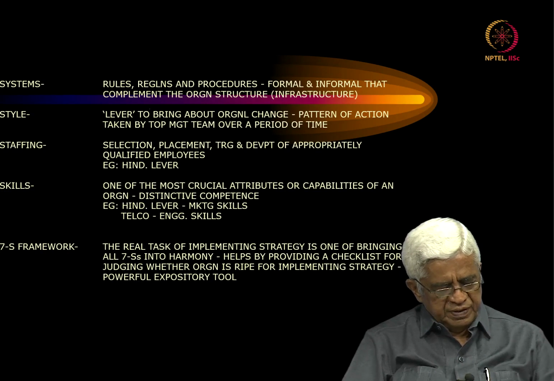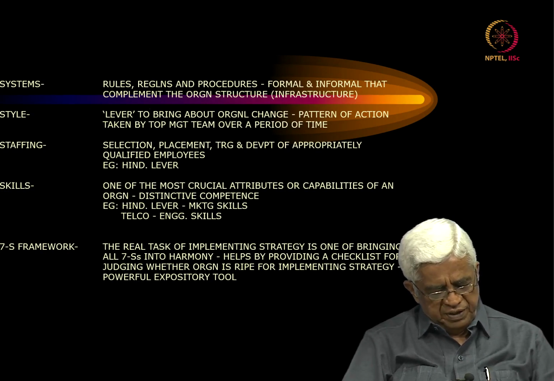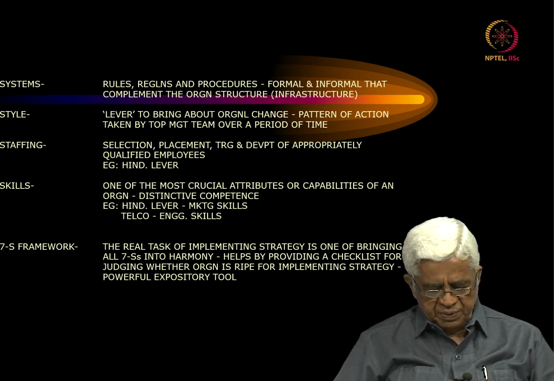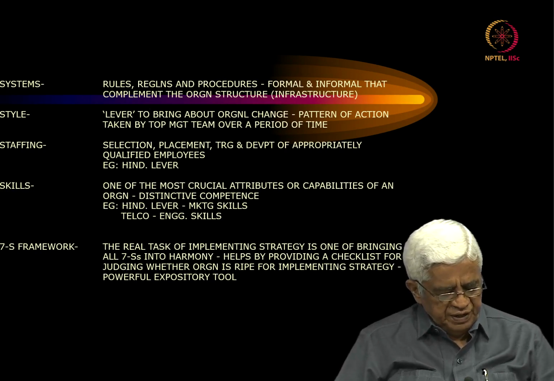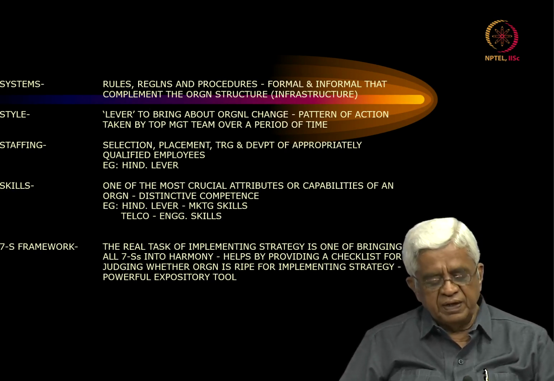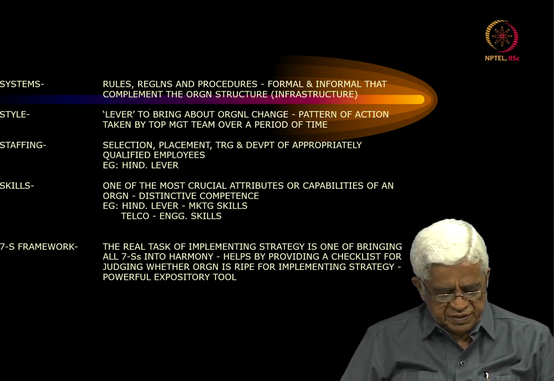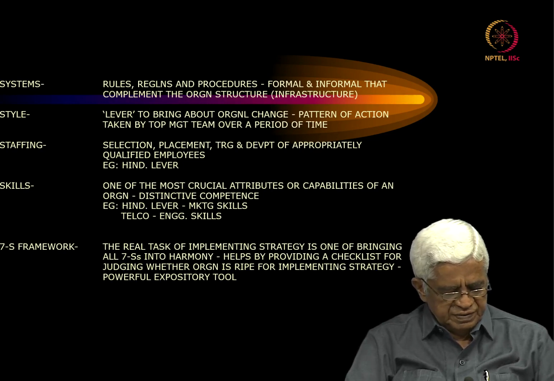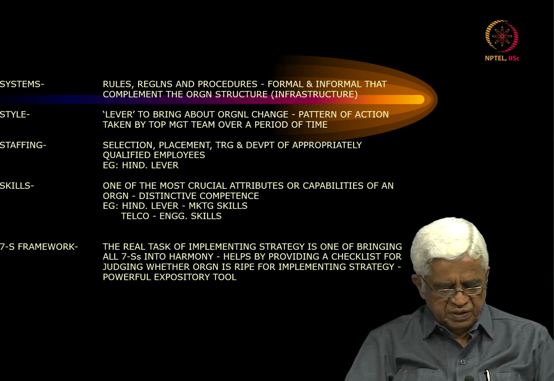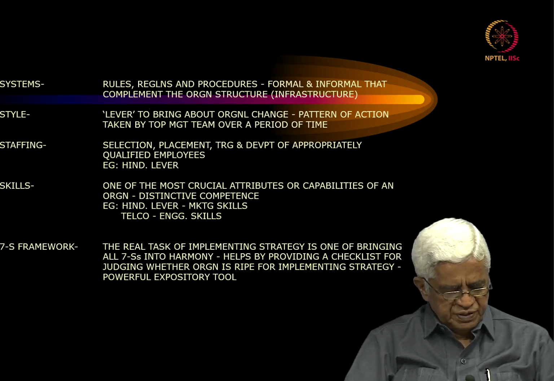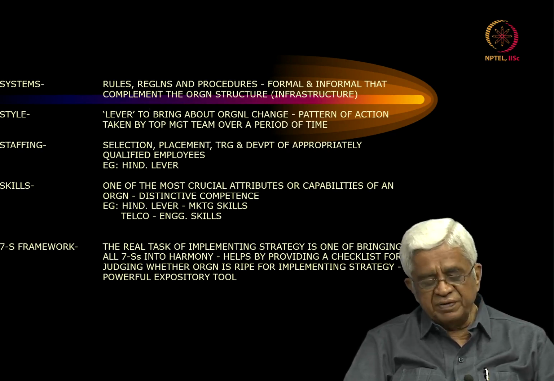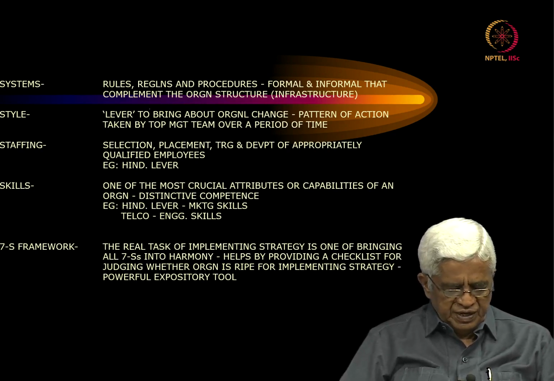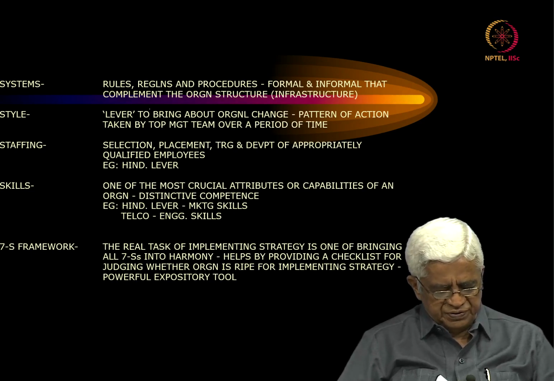It says successful implementation requires proper alignment of different activities and processes within the organization, such as structure, resource allocation, staffing, style, skills, rewards and incentives, policies and procedures, shared values and abilities. Among the 7 S's, strategy and structure are referred to as hardware.